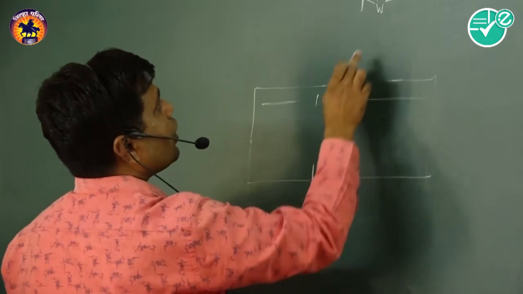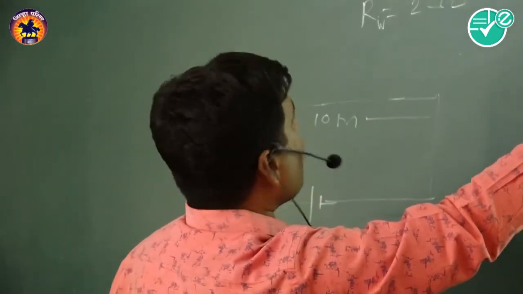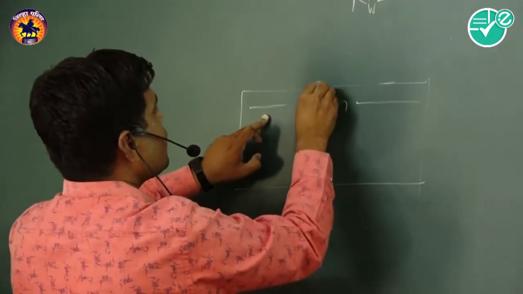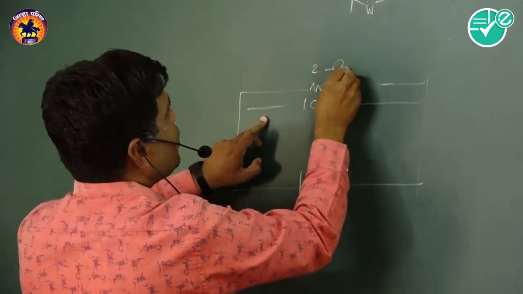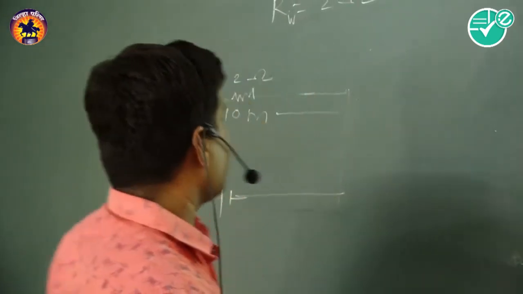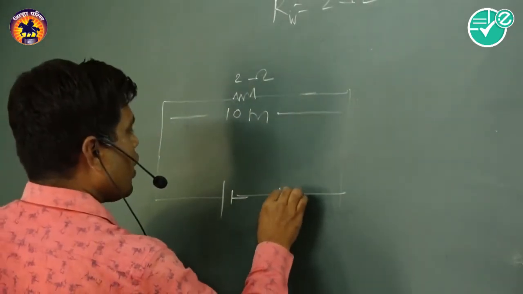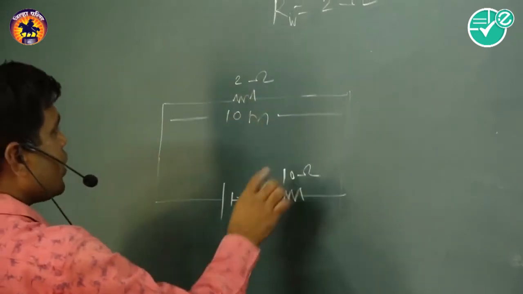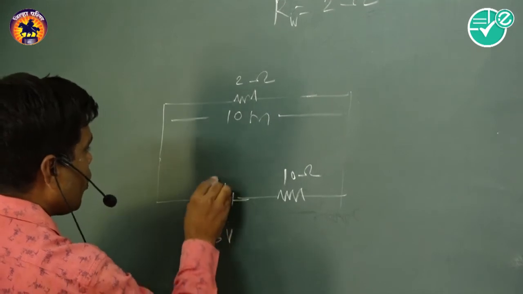This 10 meter long wire has a resistance of 2 ohm, and it is connected in series with a battery of 3 volt and a resistance of 10 ohm. A resistance of 10 ohm is also connected here. So total resistance of the circuit is 12 ohm and the battery is of 3 volt.